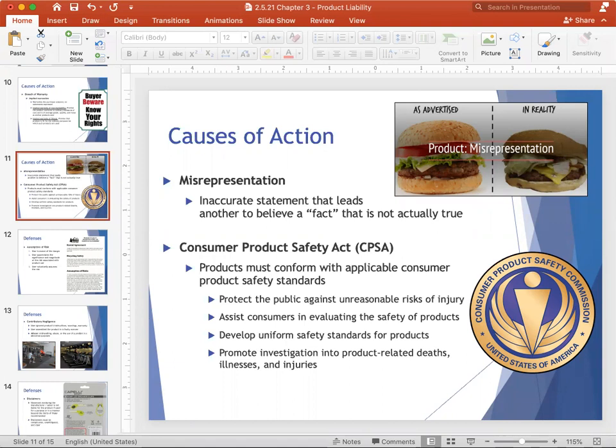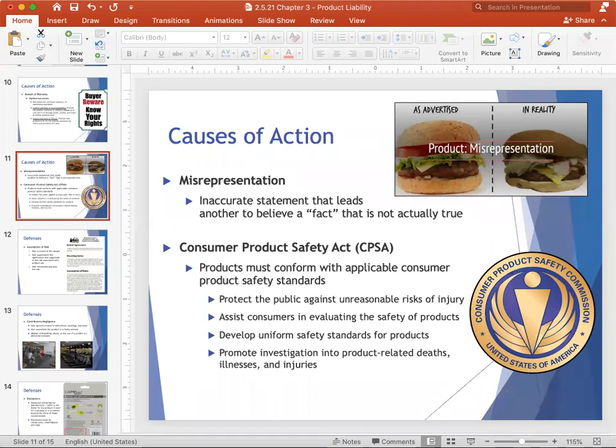And this group established the Consumer Product Safety Act, which you can see the purposes on the slide are to protect consumers against unreasonably dangerous products, to help consumers evaluate products in comparison to other products in the marketplace. It develops safety standards for products that the designer and manufacturer must adhere to. And it also promotes investigation into the potential causes and prevention of product related deaths and injuries.